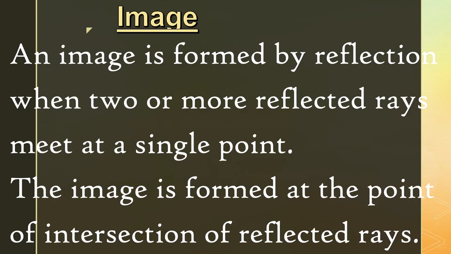Do you know? An image is formed by reflection. When two or more reflected rays meet at a single point, the image is formed at the point of intersection of reflected rays.